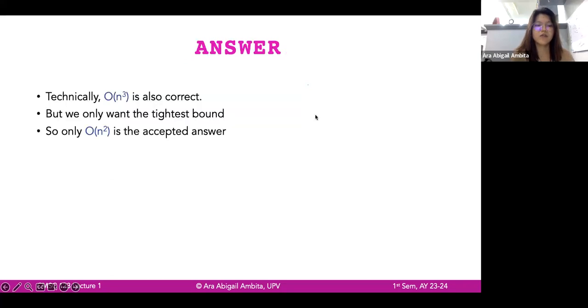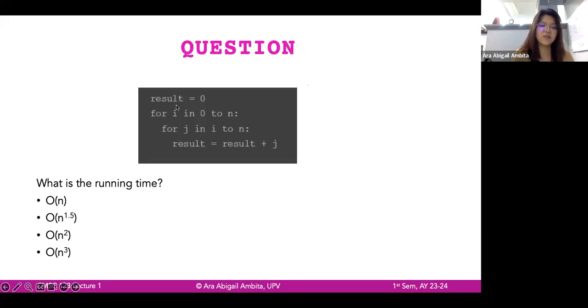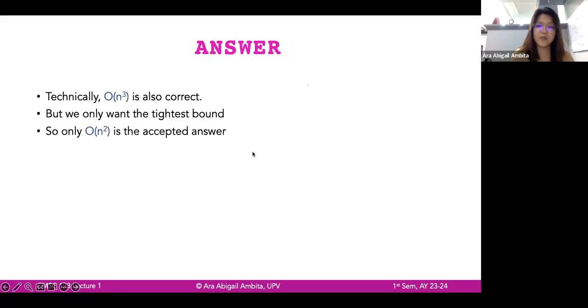Okay, so technically, O of n cubed is also correct because n squared is less than n cubed. But what we want is the tightest bound, which is O of n squared.